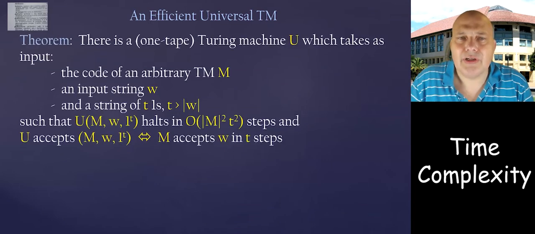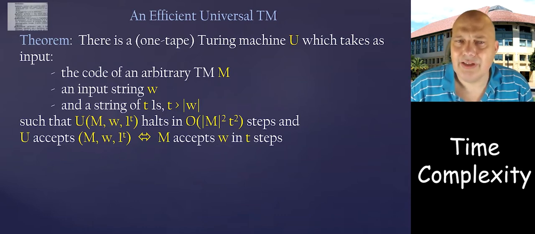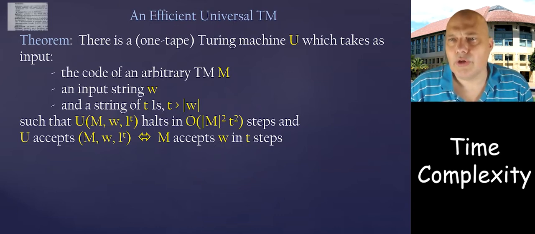So the theorem: there is a one-tape Turing machine U, which takes as input the code of an arbitrary Turing machine M, an input string W, this is what we had before, but also a string T, a string of T 1s, where we want the T to be larger than the input.